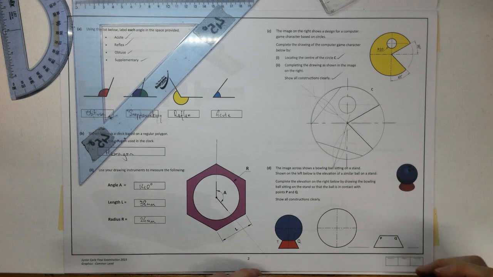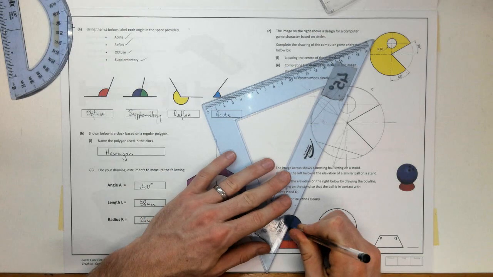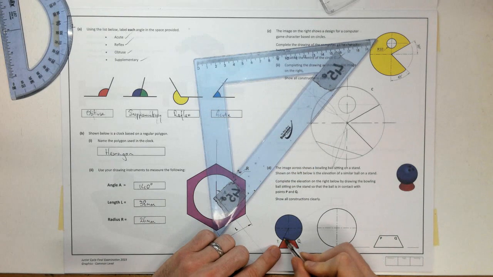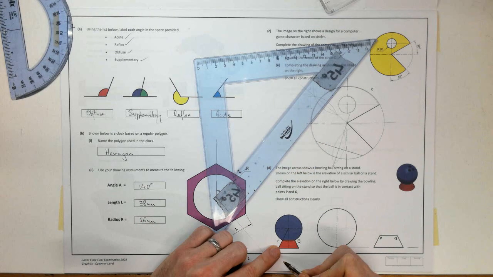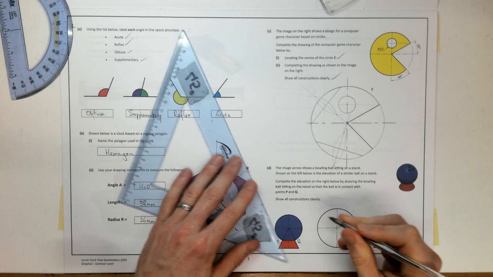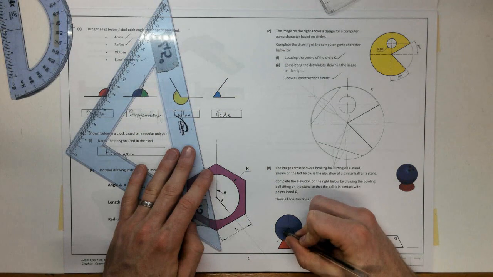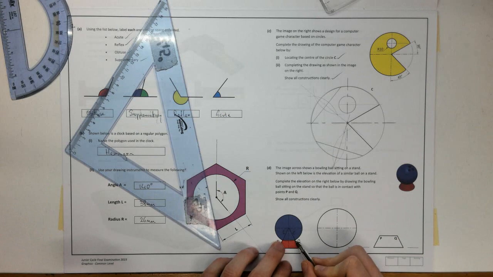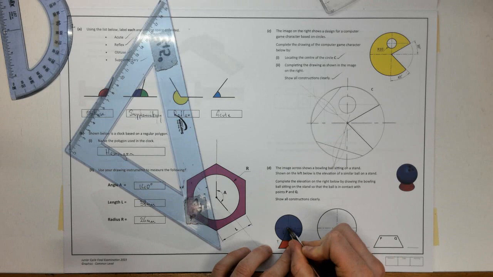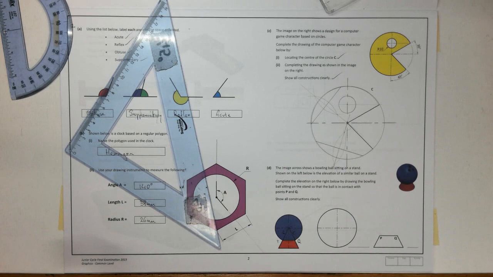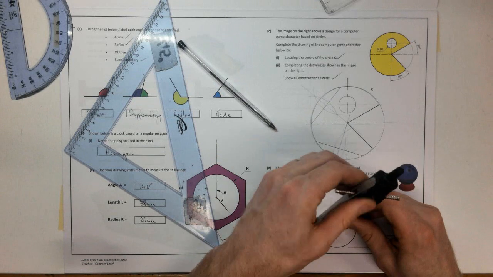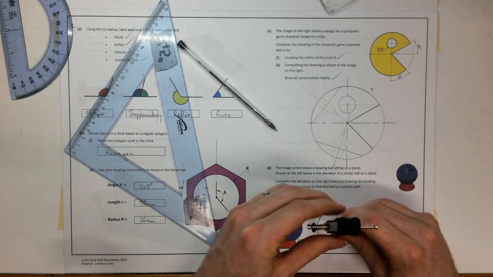So what we can say is the distance from the center of the bowling ball to P is the radius of our ball. And the same from Q. Both of those distances are R, radius. So if I swing an arc, the length of this radius, from point P and point Q, that will find me that center point. So let's get our compass, set it to the radius of the bowling ball.